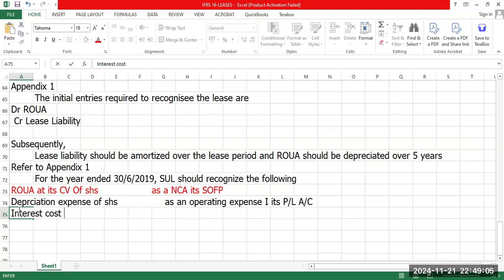Interest cost of shillings, I leave a space, as a finance cost in the profit or loss account. Then the next, colleagues, as you're handling a question about lease, know that you have 5 items.